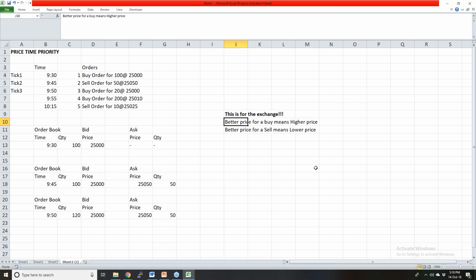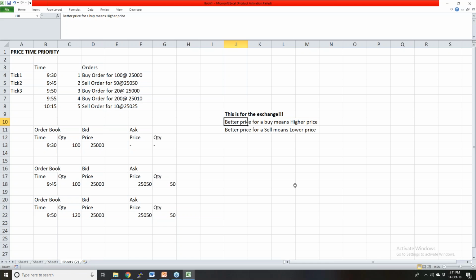Or even if they had it in microseconds, it just doesn't matter. Nothing happens simultaneously, right? So it's literally impossible for two electrons, these are all electronic signals, right, to reach the system. And even if they reach the system, whichever order the system reads first will be timestamped before the other order, right?